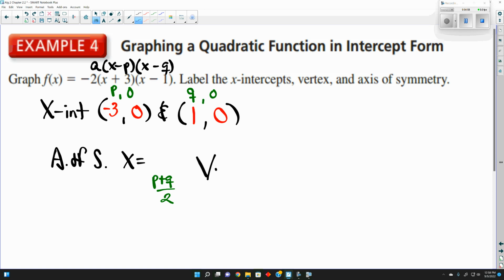We are also finding the vertex, which is the point ((p plus q) over 2, f of (p plus q) over 2). So the real thing we need to find at this point is what? P plus q over 2.